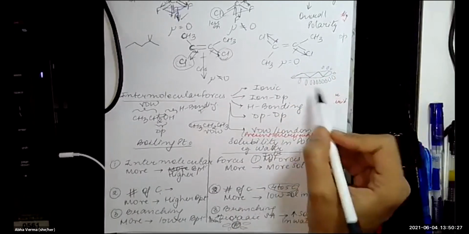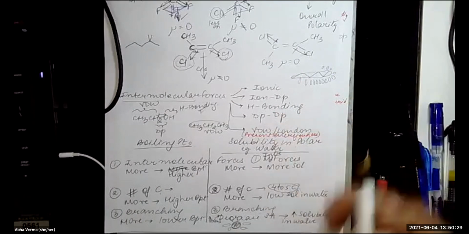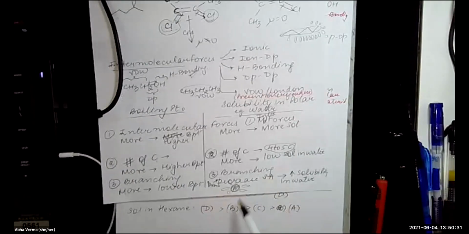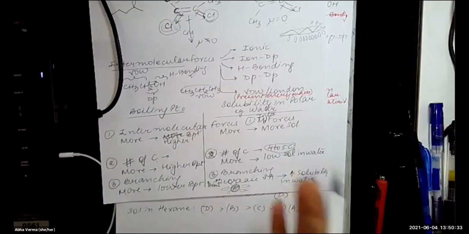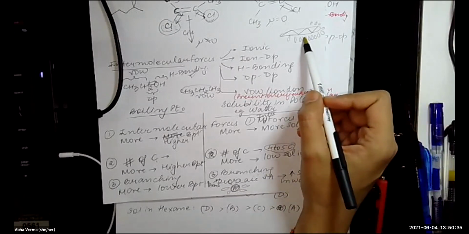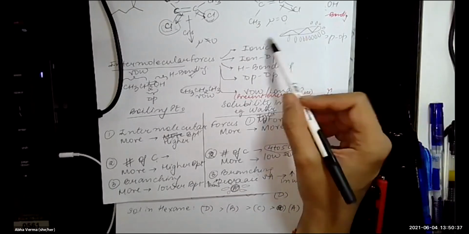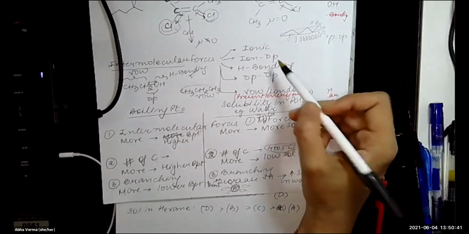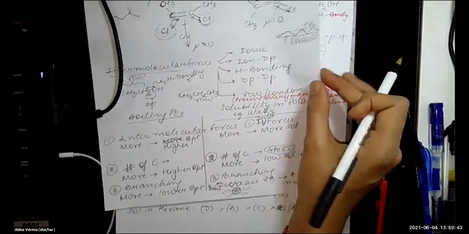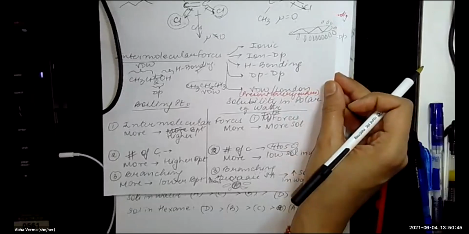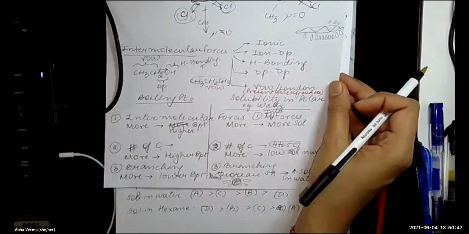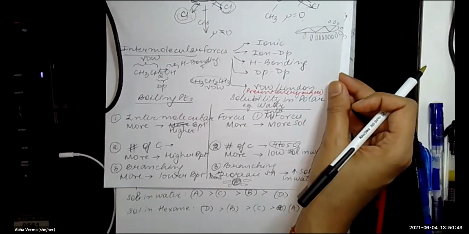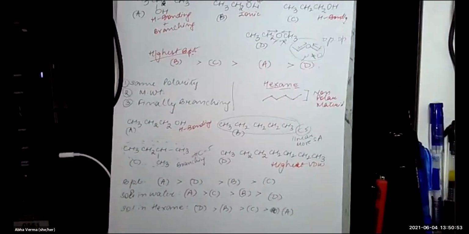So in the same amount of water, spherical or branched compounds will dissolve more, whereas larger surface area molecules or linear chains will not dissolve very well. Does that answer your question? Yes, thank you. Okay.